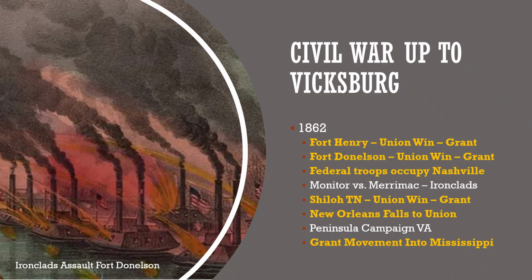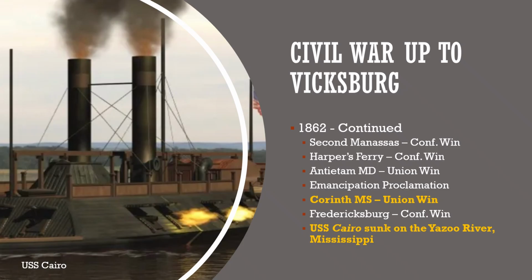Next, we have New Orleans falling to the Union. And then later in November and December of 1862, Grant begins his move into Mississippi towards Vicksburg. Also in 1862, in the Western theater, we have the battle for Corinth, Mississippi.